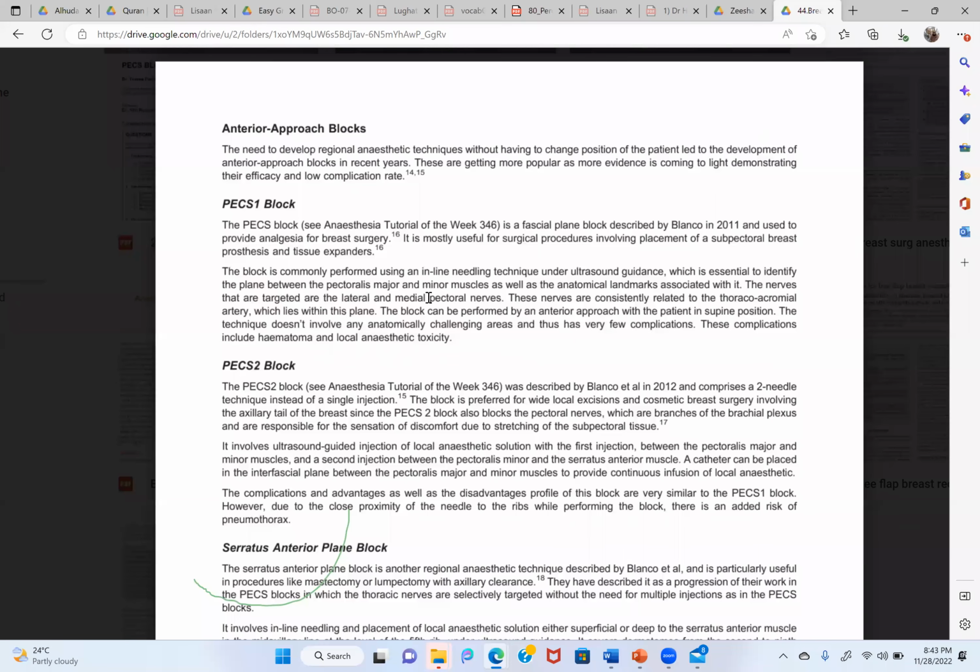Sometimes you are not able to identify the plane, especially in old age with not very well defined muscles, so you might inject the medication in the wrong plane and it is not blocking. That is why it is not used solely as an anesthetic agent.